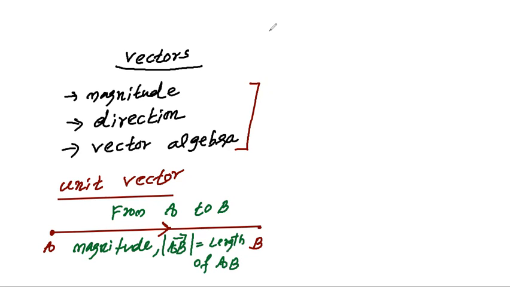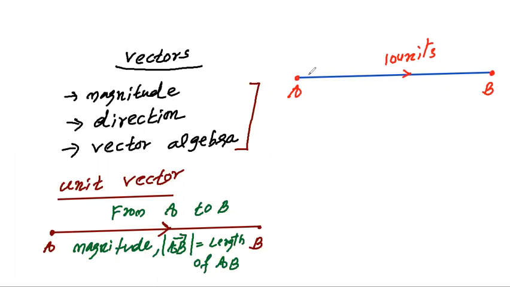Now we have to know what is a unit vector. Listen here properly. Assume that the above vector, I am redrawing that one, has a length of 10 units. Just assume. From A to B, I'm defining a vector whose length is equal to 10 units.